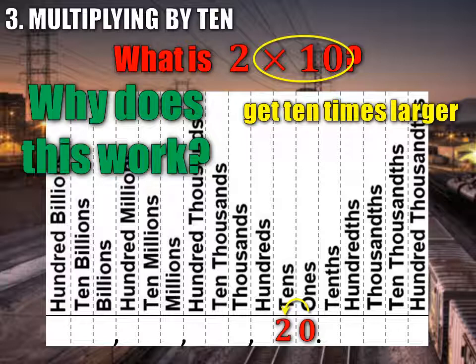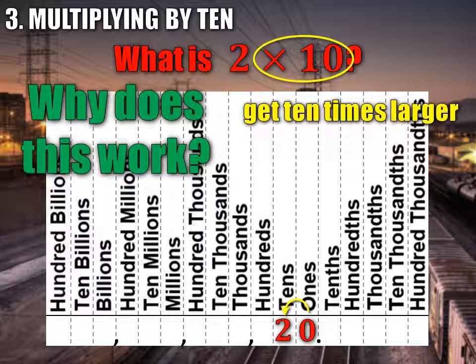It's important to realize that this doesn't work for times 4 or times 9 or times 15. This only works for times 10. So what is it about the number 10 that makes it so simple that we can just move the number over one space? Why does this work?